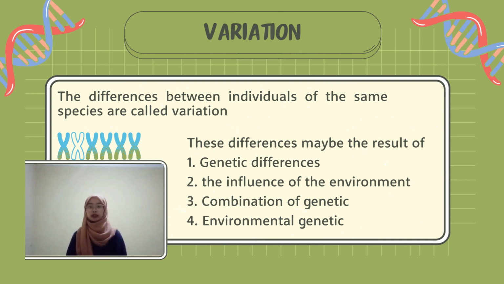The differences between individuals of the same species are called variation. These differences may be the result of genetic differences, the influence of the environment, or a combination of genetic and environmental influences.